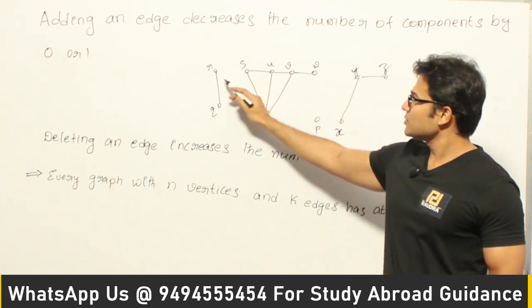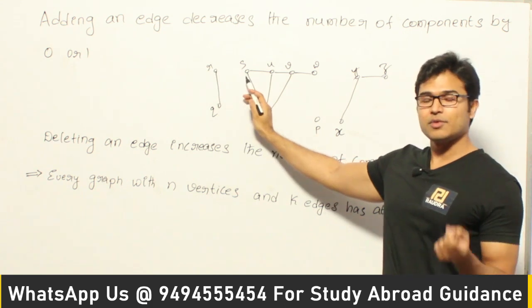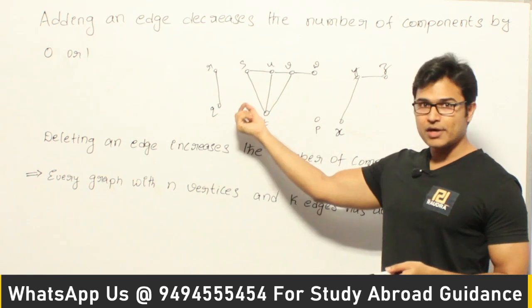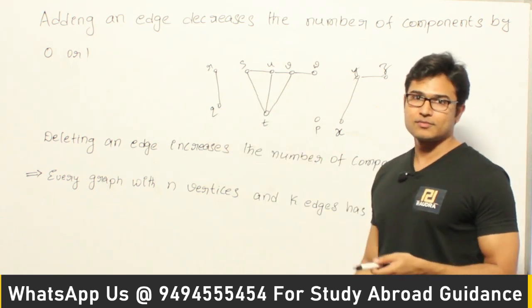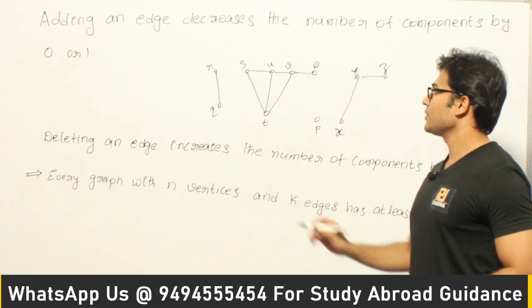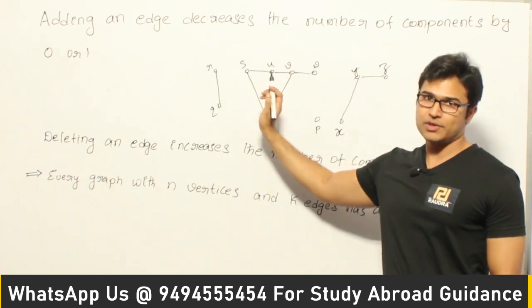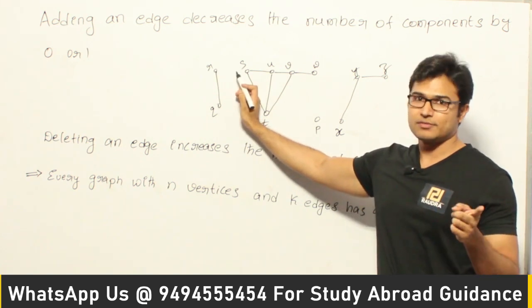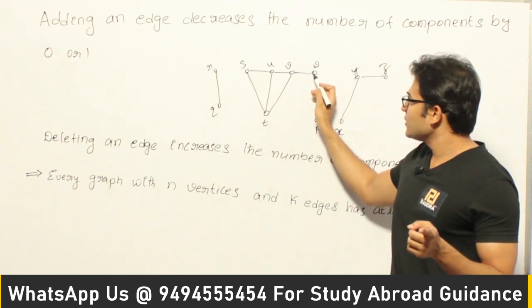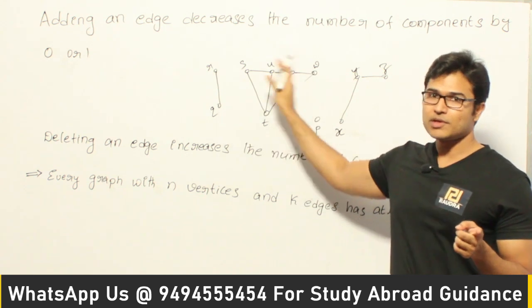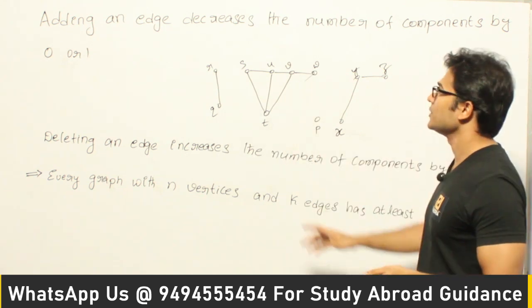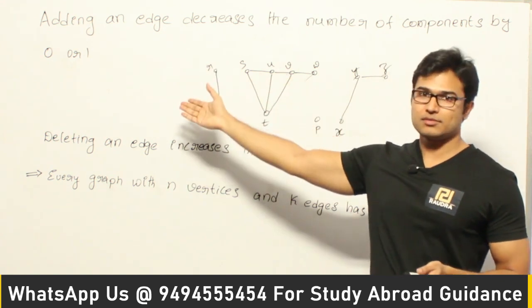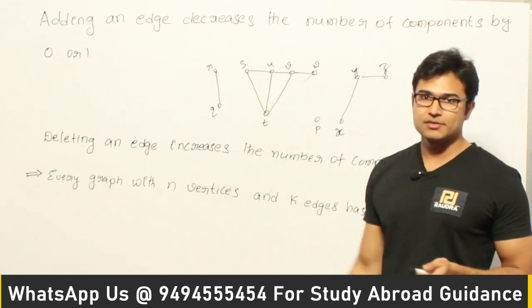If you add an edge between two components, the number of components will be reduced by 1, because two components will join and form one component. Are you getting this? Now if I try to add an edge between these two components, the number of components will reduce by 1, right? If I try to add the edge here, then the number of components will be 3 as it is. So that is what they are saying. Adding an edge decreases the number of components by 0 or 1, depending on where you are adding the edge, right?